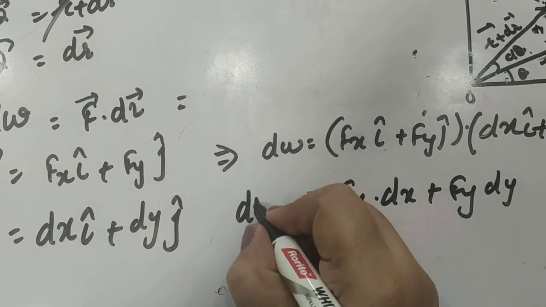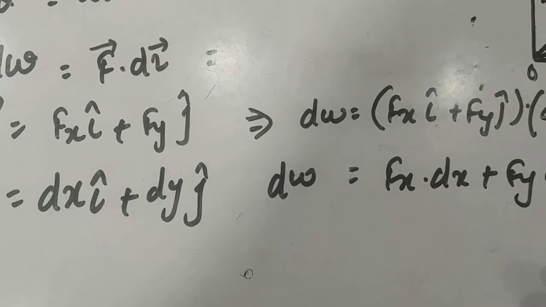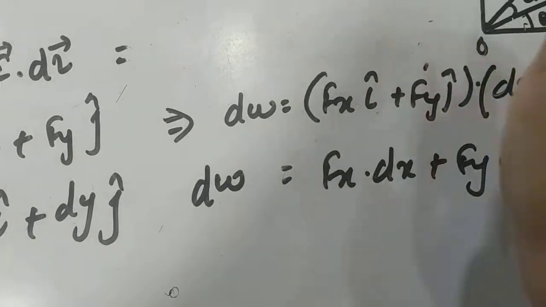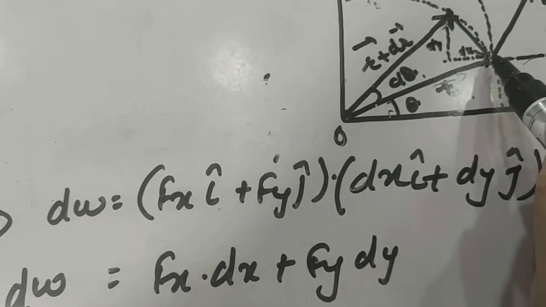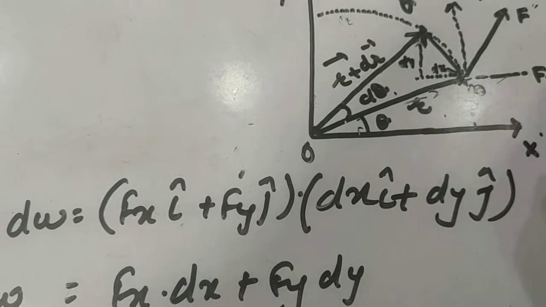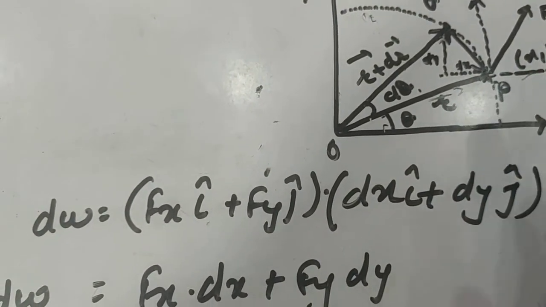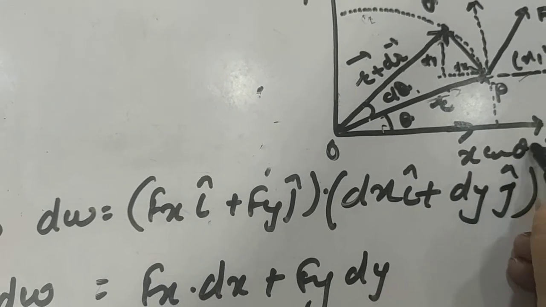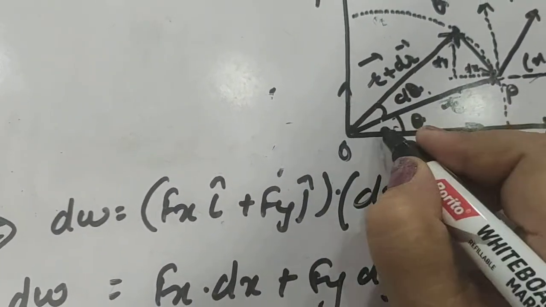Still we do not have the expression in terms of dW is equal to torque into d theta. So we need to convert this expression into that form. If the point P has components x and y, then the x component is r cos theta, and the y component will be r sin theta for this particular displacement.